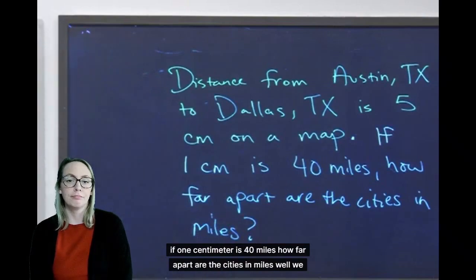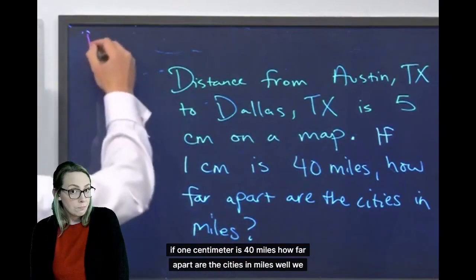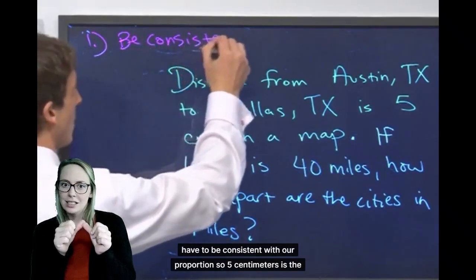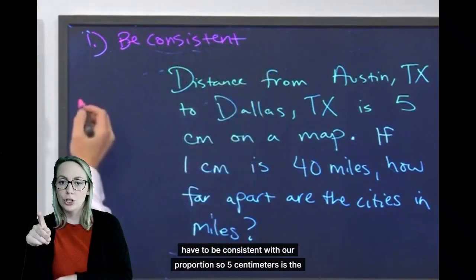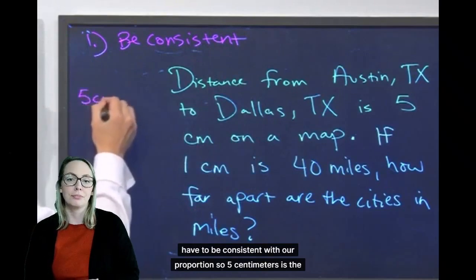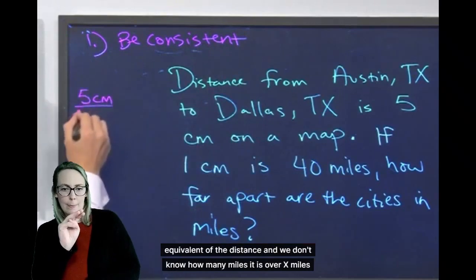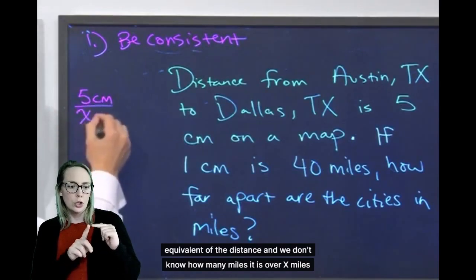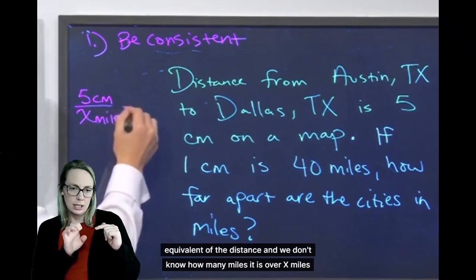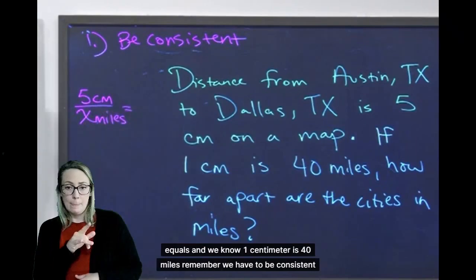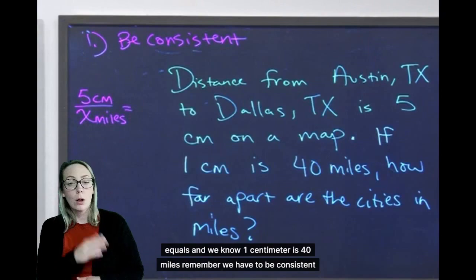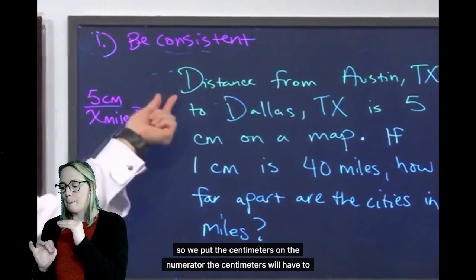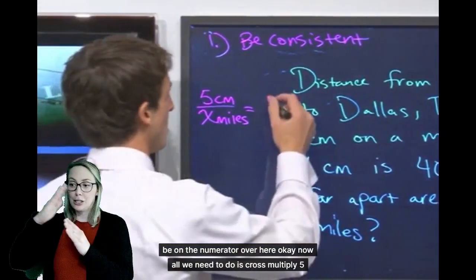Well, we have to be consistent with our proportion. So 5 centimeters is the equivalent of the distance, and we don't know how many miles it is, so X miles, equals, and we know 1 centimeter is 40 miles. Remember, we have to be consistent, so we put the centimeters on the numerator.